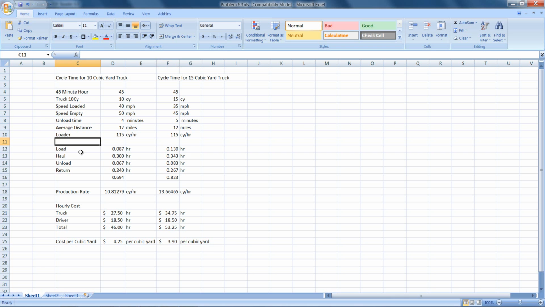So this here is the cycle time for that. So $4.25 per cubic yard to move on the 10 cubic yard truck, and $3.90 on the 15 cubic yard truck. Clearly, we're going to choose the less expensive option and go with the 15 cubic yard truck. So, all right, that's that.